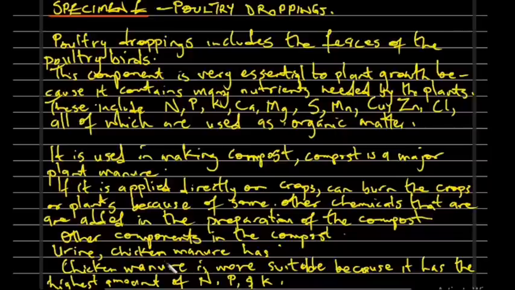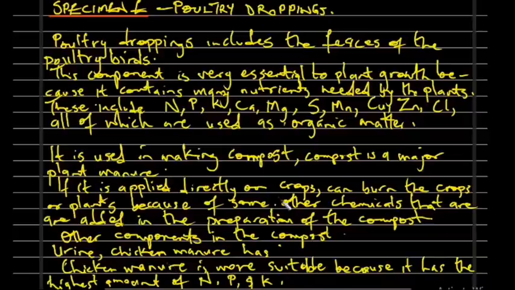It is this particular poultry dropping that almost all farmers make use of in making their compost manure because of the high content of nitrogen, phosphorus and potassium that it has, and that is why it is highly sought after.